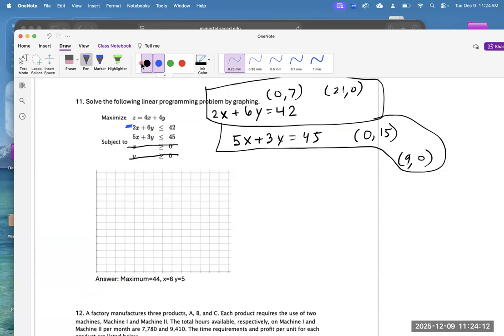And let me just label this first because that's going to help me. This is 2, 4, 6, 8, 10, 12, 14, 16, 18, 20, and so on.